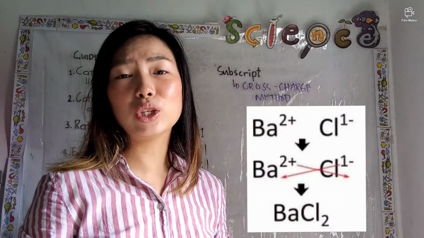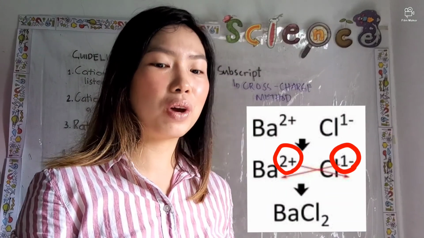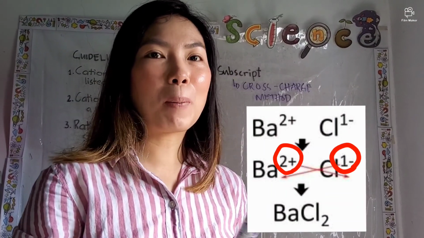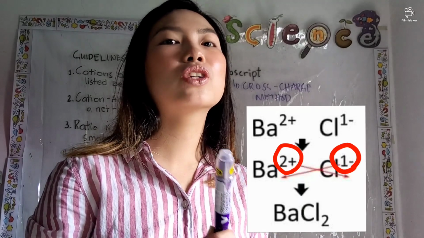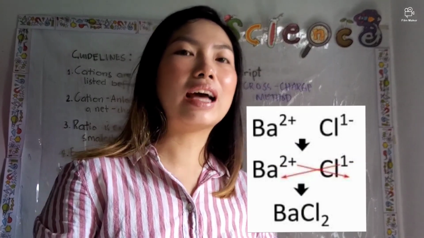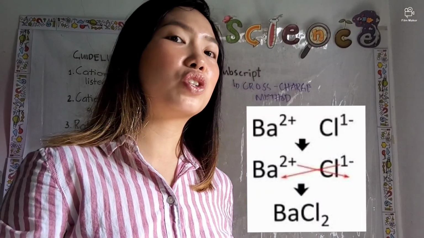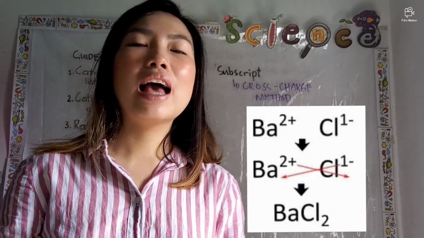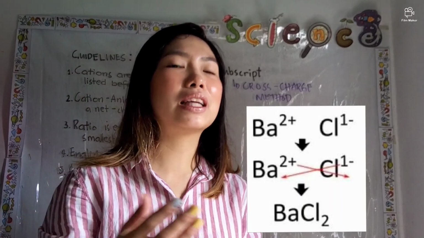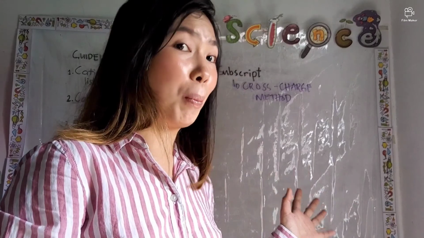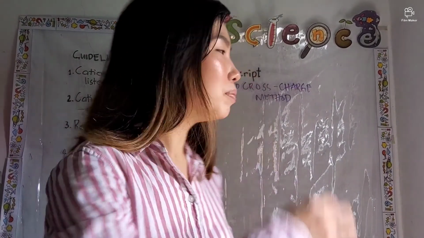Ang cross-charge method ay charge of cation and the charge of anion will interchange, or magpapalit ng charge ang cation at anion. Yung charge ng cation ay mapupunta sa anion at ang charge naman ng anion ay mapupunta sa cation. Ibig sabihin, magpapalitan sila ng dalawa. Magpapalitan ng subscript. So, para mas maintindihan natin ang ganitong klase ng compound, let us have an example of sodium sulfide.